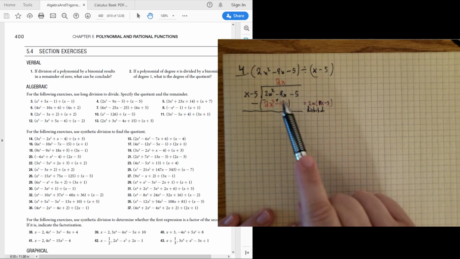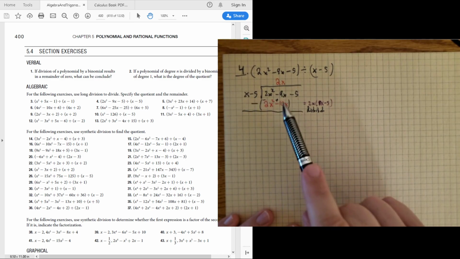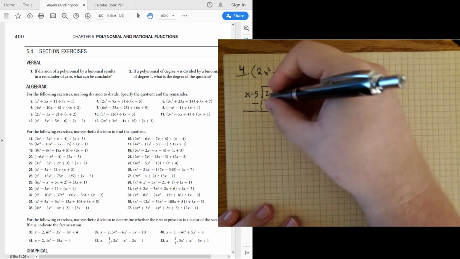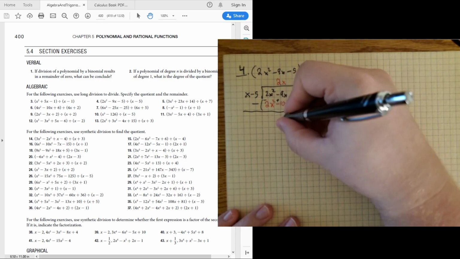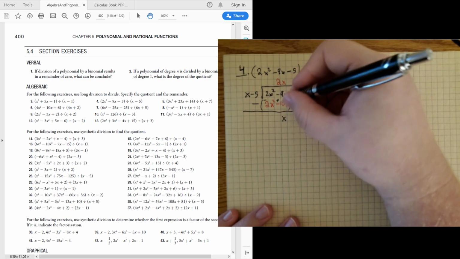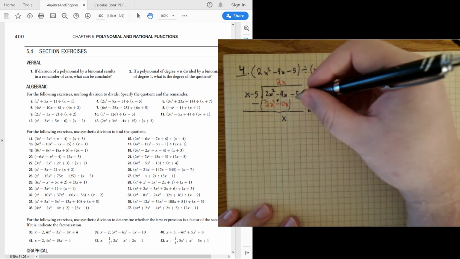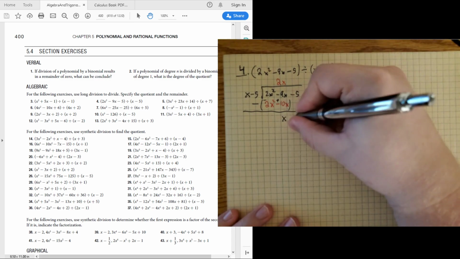Negative 5 times 2x is negative 10x, but we are subtracting negative 10x, becoming positive 10x. And as before, the nice thing is these first ones should cancel, leaving us with negative 9x and positive 10x, which would be x, and then minus 5.